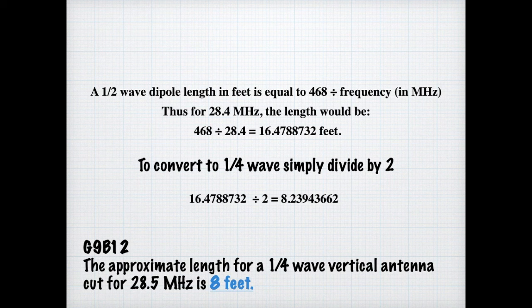We get for the number 28.4 megahertz, we come up with 16.478872 feet, and we just divide that by 2, and then we get our quarter wave, which is 8.2394366 feet, and we round that down this time to 8 feet.